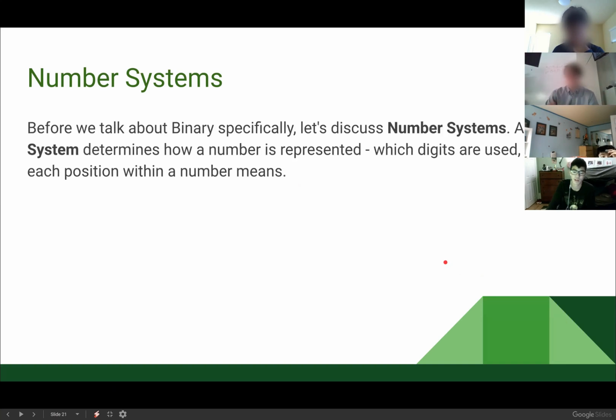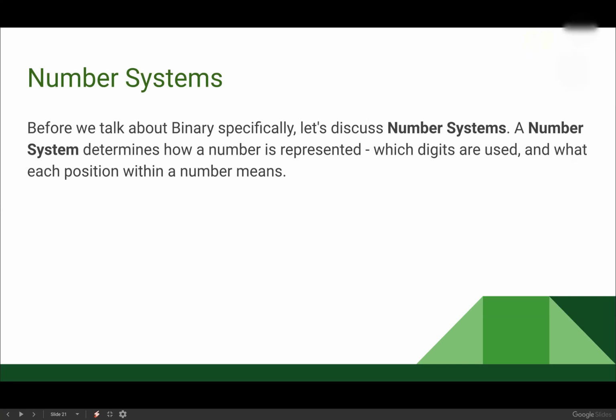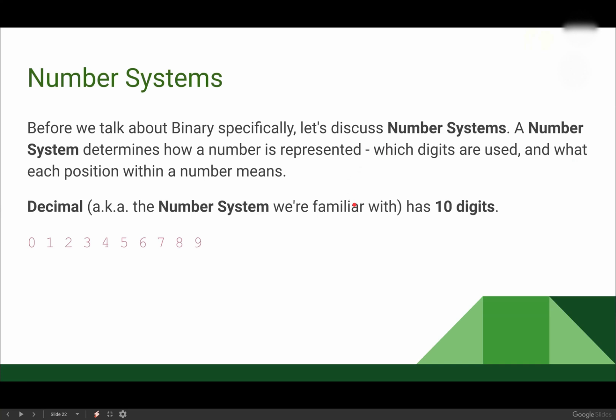And before we talk about binary specifically, let's talk about what a number system is. A number system is going to determine how a number is represented, which numbers are being used, and what each position within a number is going to represent. So decimal, that is the number system that we are familiar with, that we grew up using.